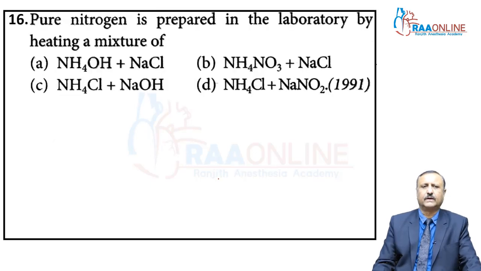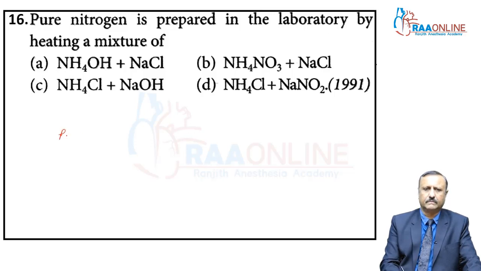Now, my dear students, we can go to question number 16. Pure nitrogen is prepared in the laboratory by heating a mixture. Here, if you know the reaction, then you can do this question easily. My dear students, here the answer is D. Why?